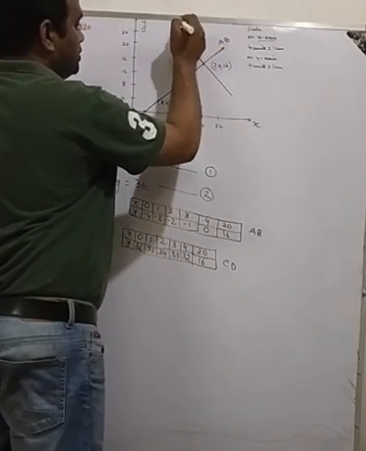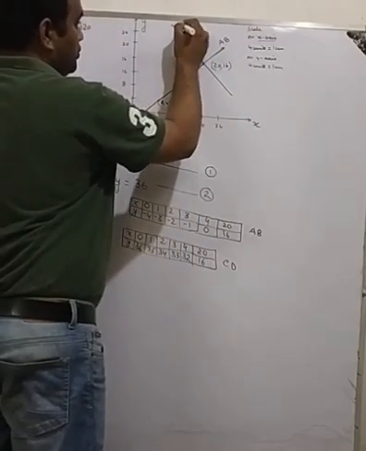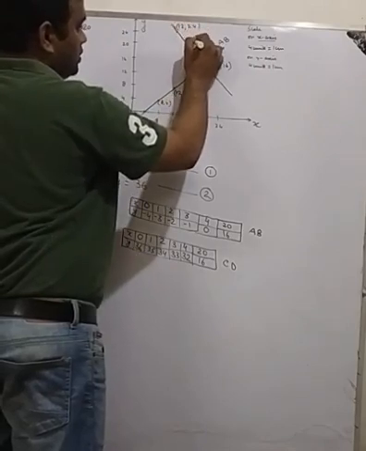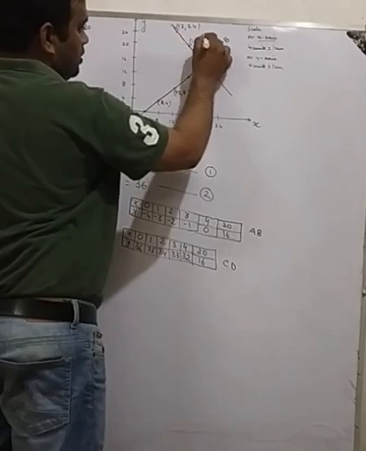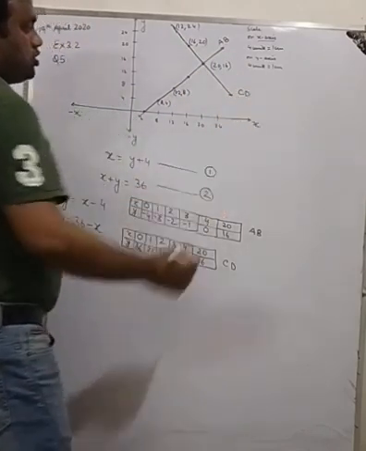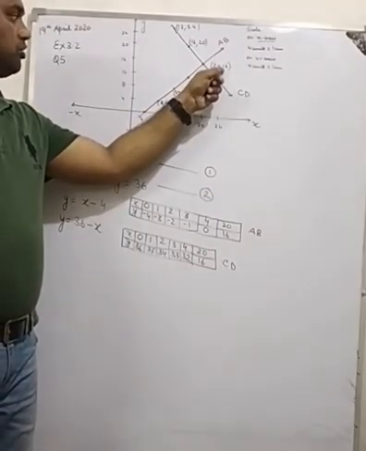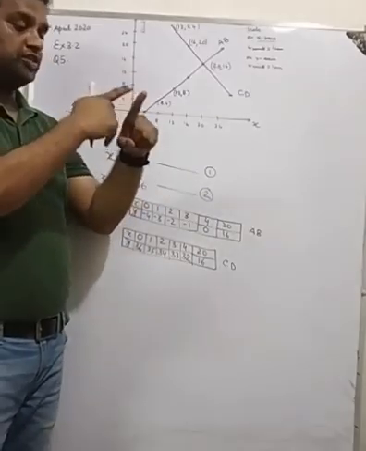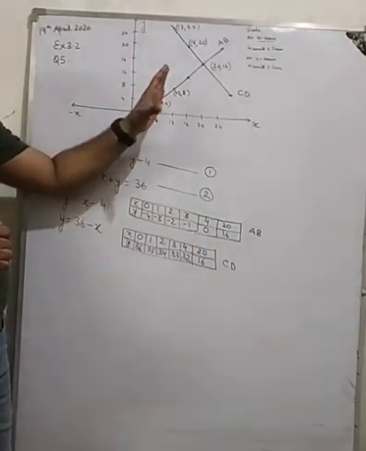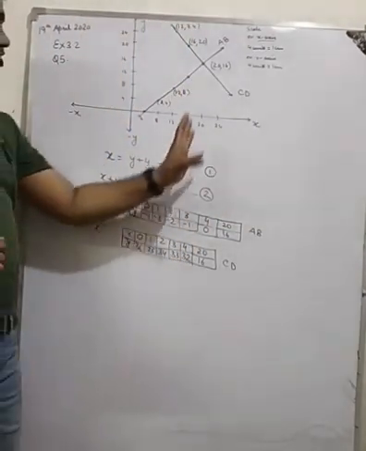Here this point is 12,24. This point is 16,20, and this is the common point for both. This line is CD. So the solution is 20,16, where both the lines are intersecting each other. So this is how we represent this graphically.